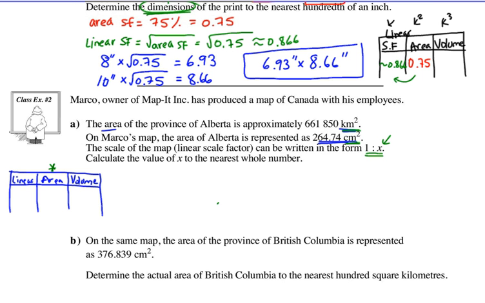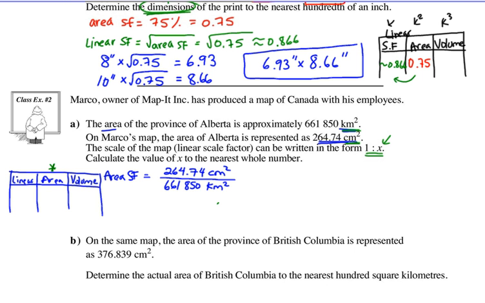Now these aren't the same units, but that's okay for now. Centimeters squared compared to 661,850 kilometers squared, and that's going to give us our area scale factor. So our new over our original, or our actual.